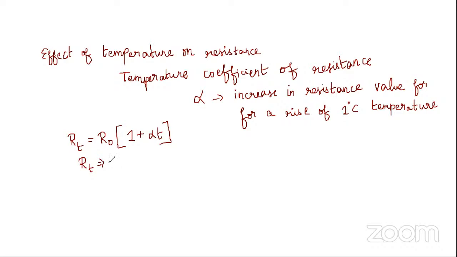RT is nothing but the resistance of the conductor at T degree Celsius, and R0 is nothing but the resistance at 0 degree Celsius. Okay, and alpha is the temperature coefficient of resistance, and T is your temperature for which the resistance has to be calculated.